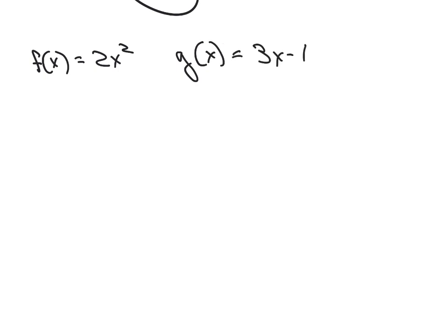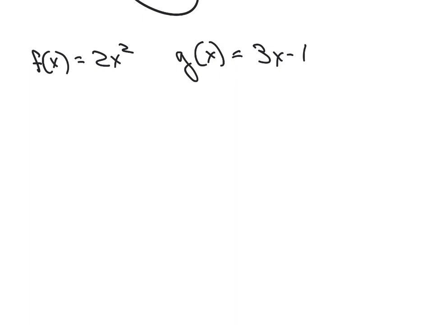I will let you look at example 7 and get what they're doing there, but I want to do example 8 real quick. So they give me a function f of x, and that is 2x squared. They also give me a g of x, and that is 3x minus 1.